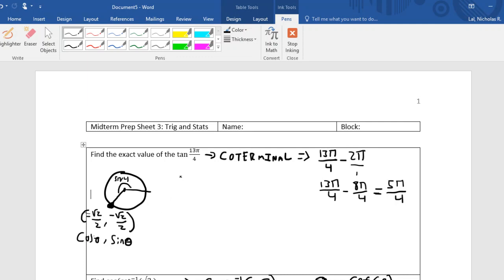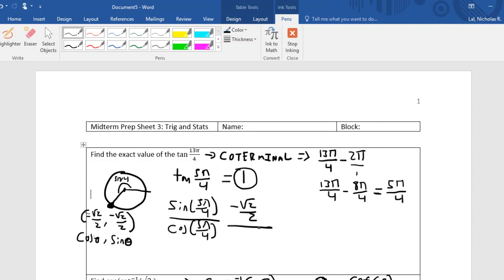So the tangent of this angle, which is equivalent to the tangent of 5 pi over 4, either you have it memorized as 1, which is the answer, or you can find the sine of 5 pi over 4 over the cosine of 5 pi over 4, which is negative root 2 over 2 divided by negative root 2 over 2, which is equal to positive 1.